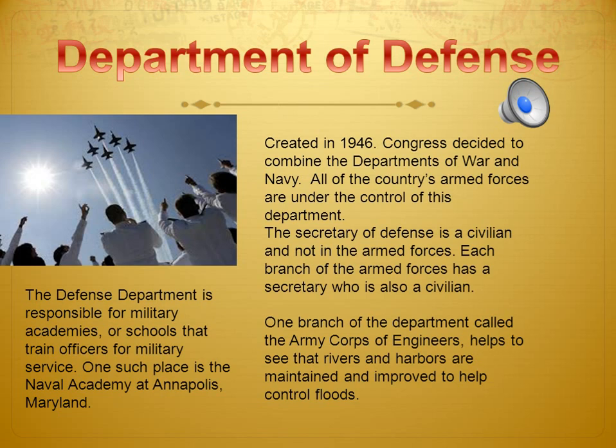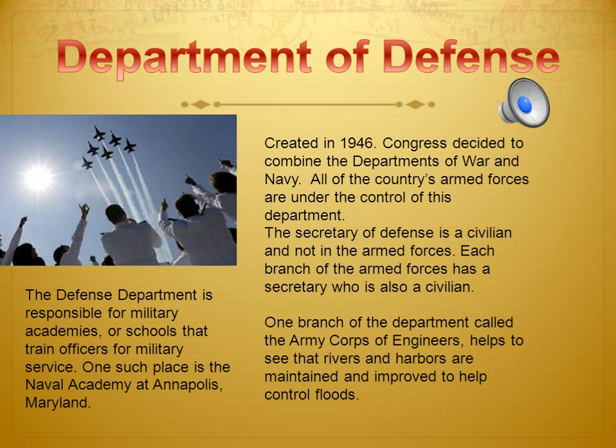The Secretary of Defense is actually a civilian and not in the armed forces, and each branch is run by a secretary who is also a civilian. And the Department of Defense headquarters is in the Pentagon, Washington, D.C. In peacetime, the Defense Department carries out certain activities that are important to our defense.